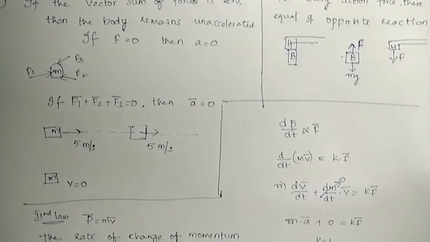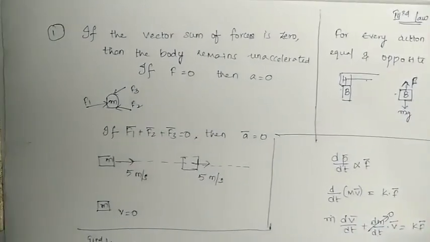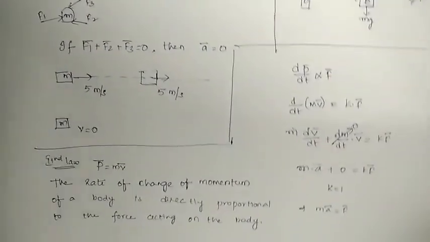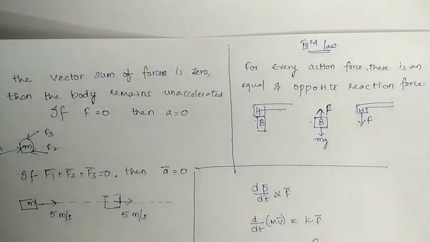So these three laws, the first, the second and the third, form the basics for classical physics or basic physics. If you fail to understand these things, you fail to understand most of the physics.